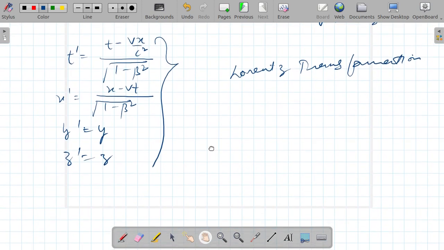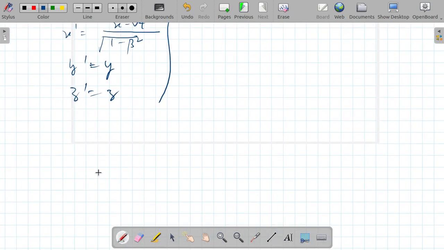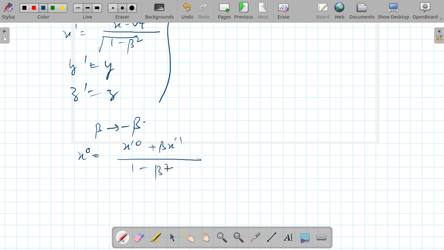And in a similar fashion, we can find the inverse Lorentz transformation by changing beta to minus beta and unprime to prime. So that means x naught is equal to x naught prime plus beta x prime 1 over 1 minus beta square under the root.